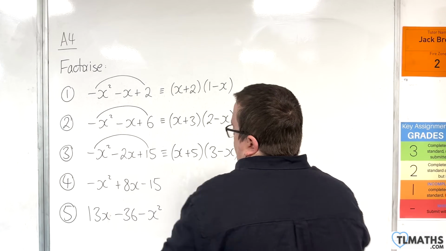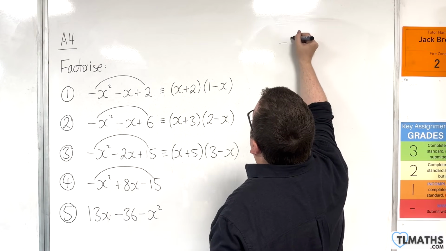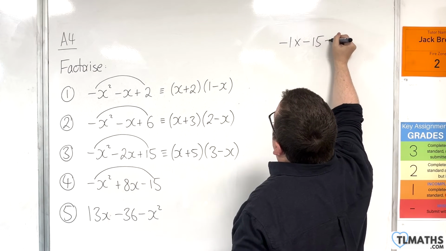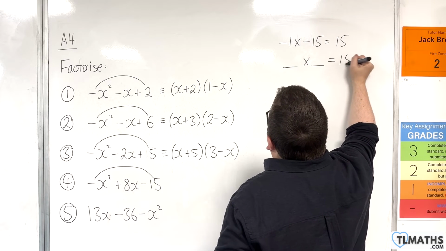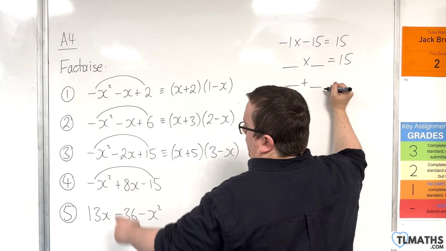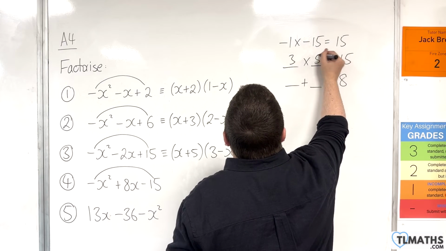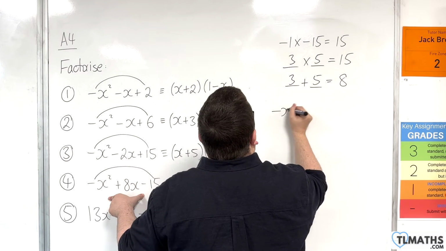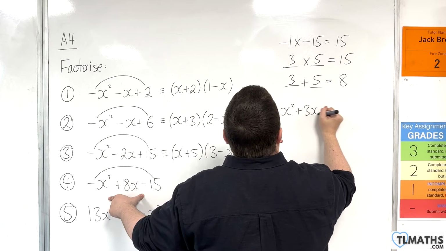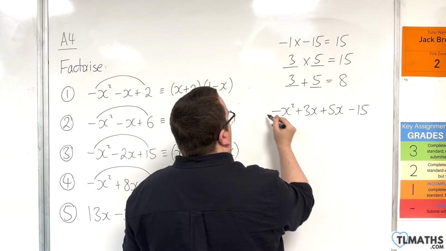Right, number 4. First of all, multiply the minus 1 by the minus 15. So 15, we're looking for two numbers that multiply together to make 15, but add together to make 8. So that would be 3 and 5. So minus x squared plus 3x plus 5x take away 15.